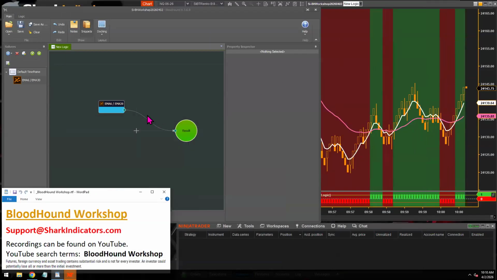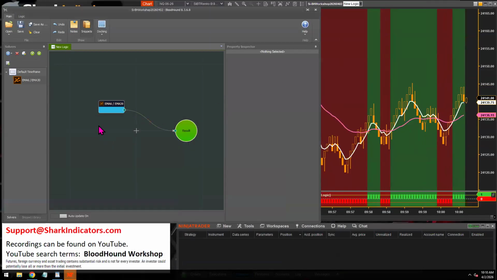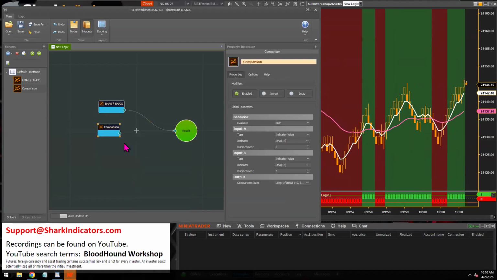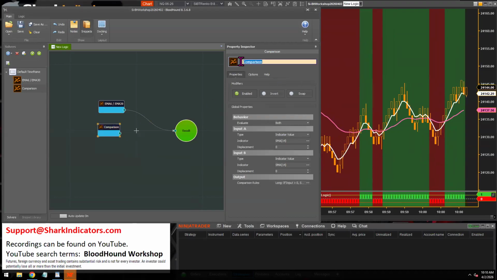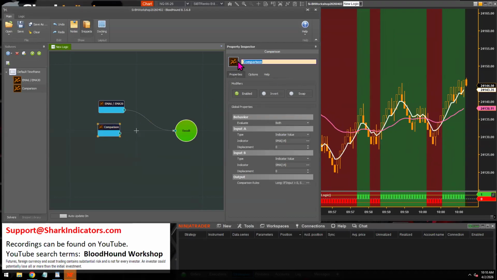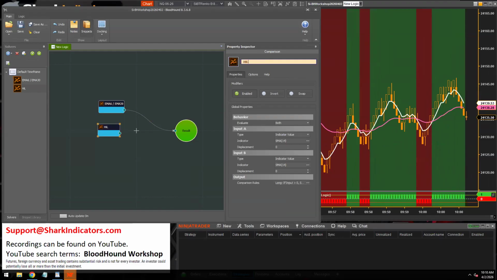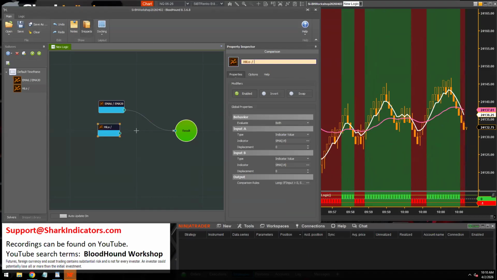So pretty straightforward. Let's just add another comparison solver there. So for a long trade, we're checking to see if the high price is below. For a short trade, we're checking to see if the low price is above. And then we're comparing that to the EMA 6 there.